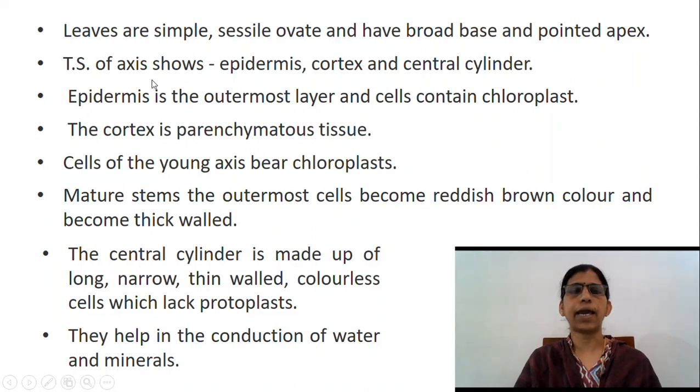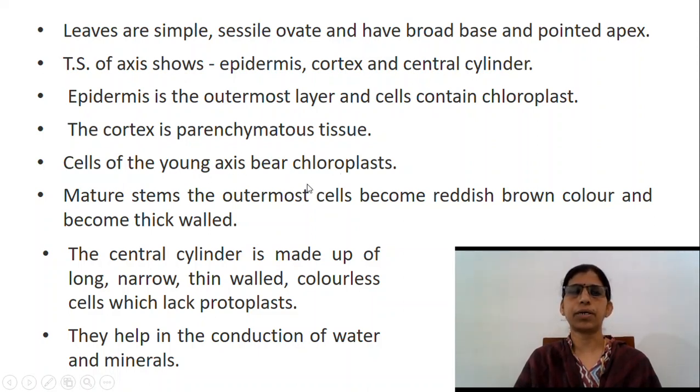The tiers of the axis show the presence of epidermis, cortex, and central cylinder. The epidermis is outermost layer and contains chloroplast-bearing cells. The cortex is made up of parenchymatous tissue. The cells of the young axis bear chloroplasts.